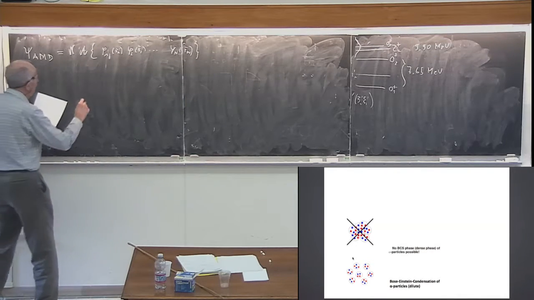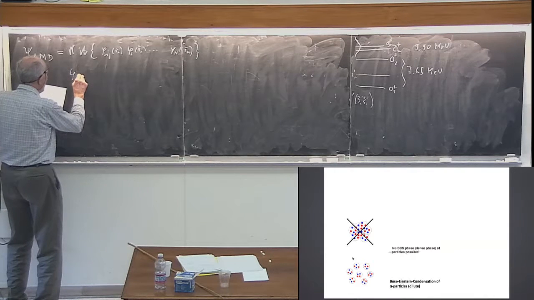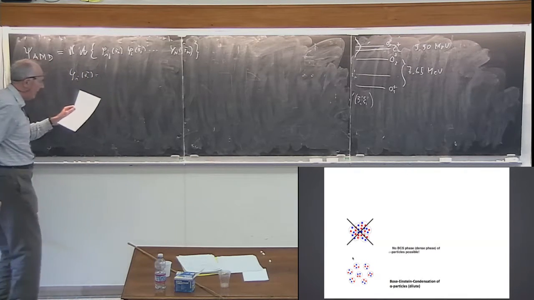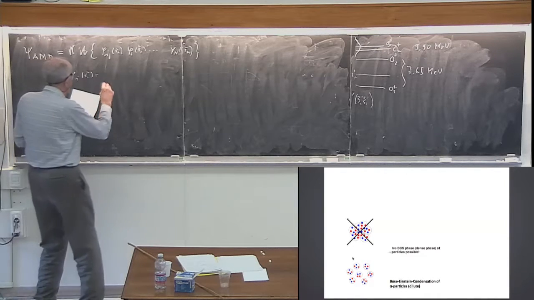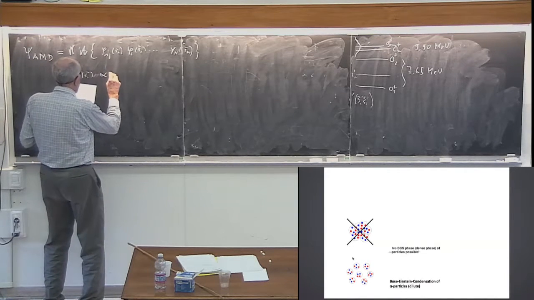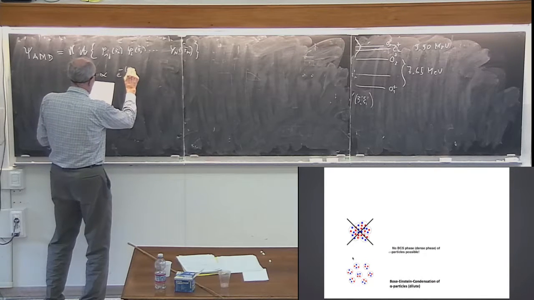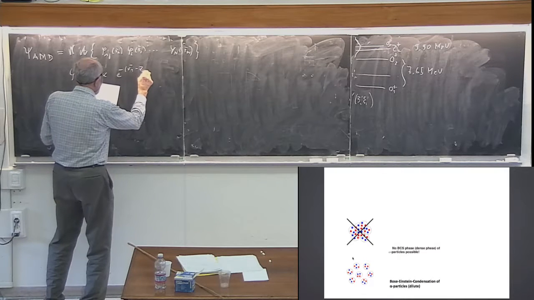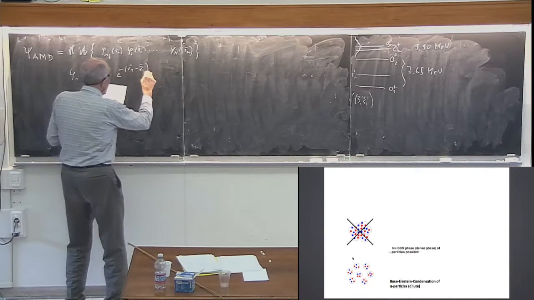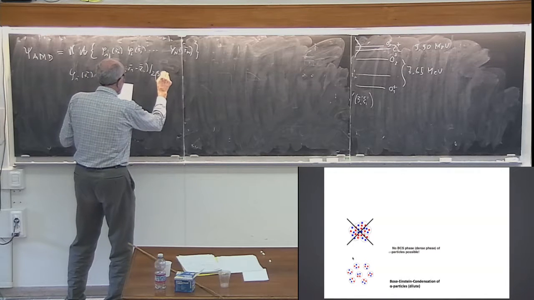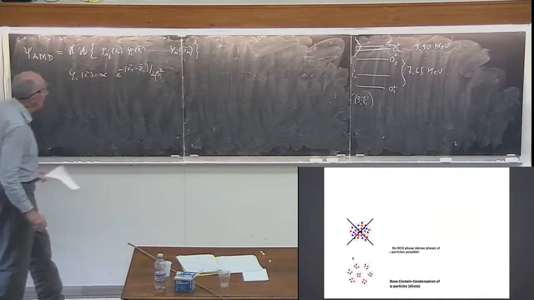And the trick here is that the phi i's of Ri are just Gaussian wave functions, not normalized, of the following form: e to the minus (Ri minus Zi, also a vector) squared, over 2 times the width.